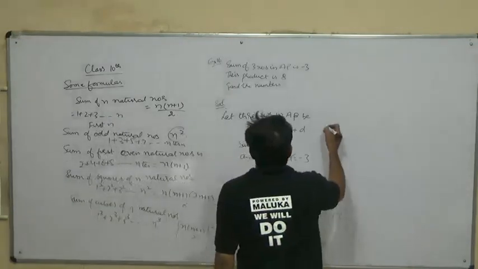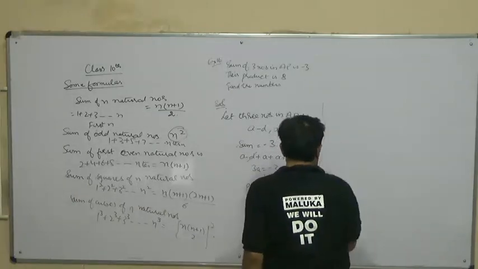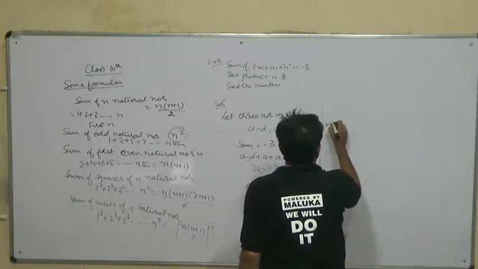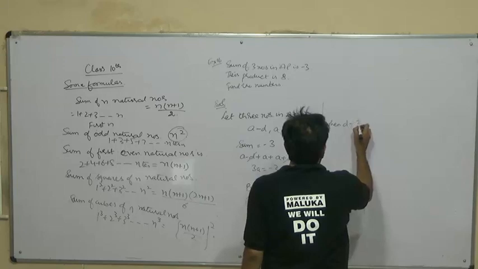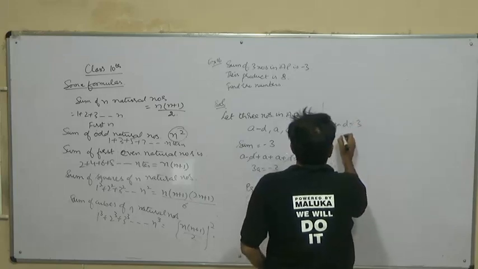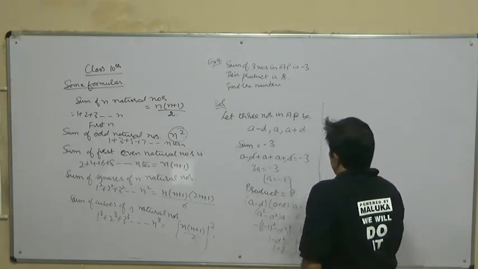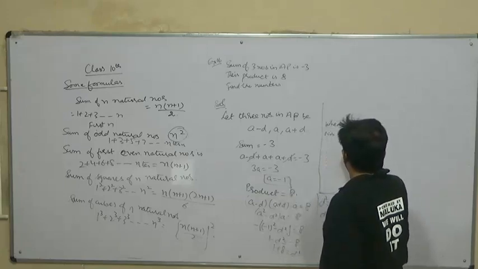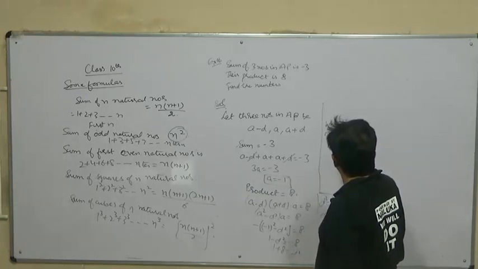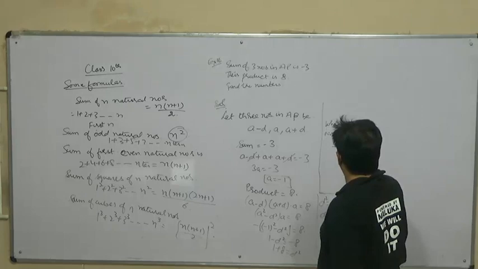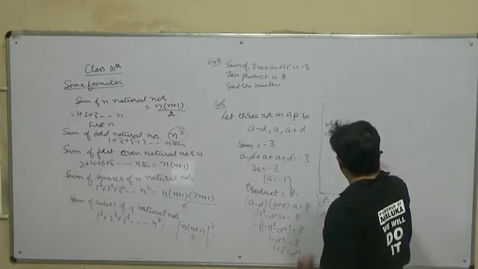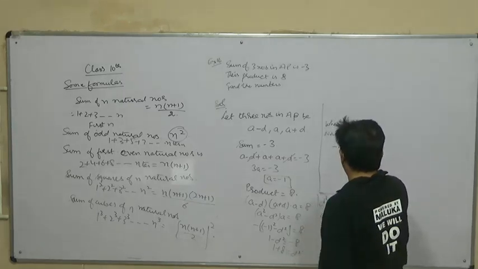So when d is equal to plus 3, the numbers are, so what is the a? Minus 1. So minus 1 minus 3 is minus 4, and this will be plus 3, it will be 2.